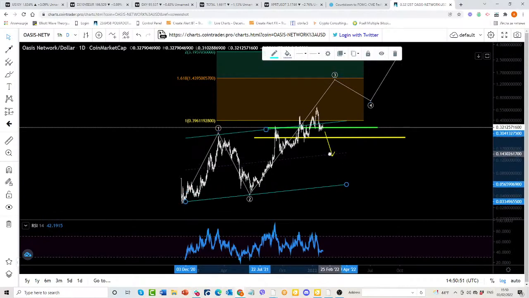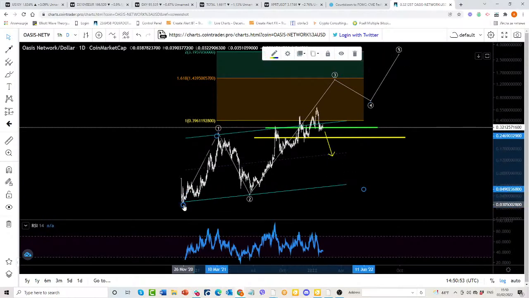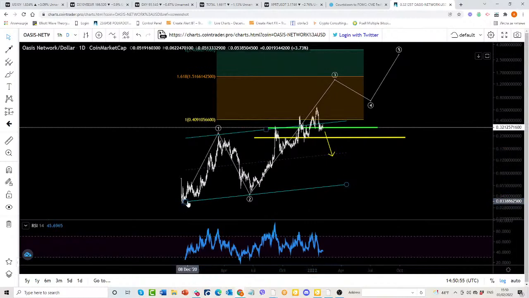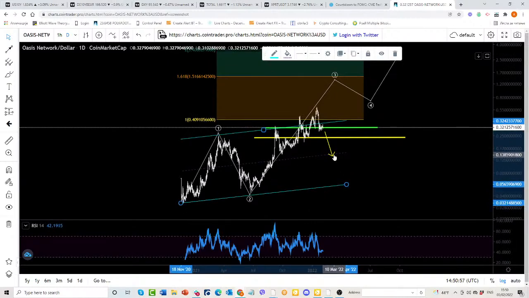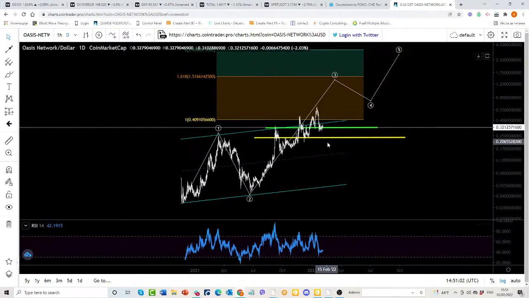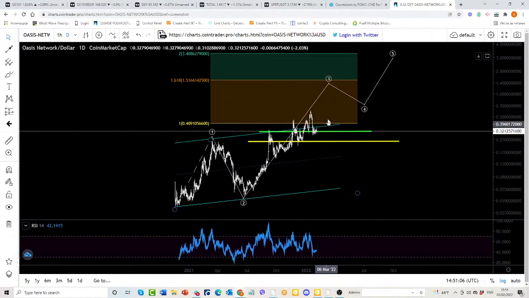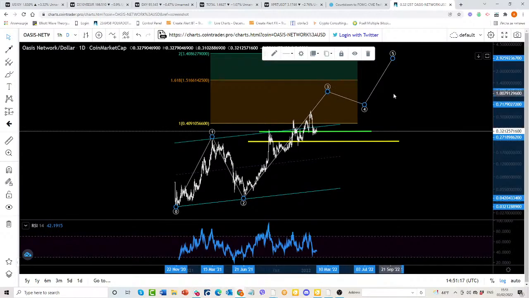But let's stay with the conservative version for now, and let's monitor this one. I don't think we will go below these two support levels, as you can see here, and from there we might see some price action, possibly continuing higher, and maybe reaching a little bit higher prices in this move on the upside.